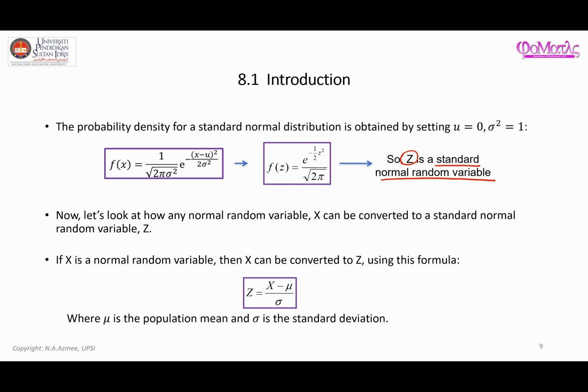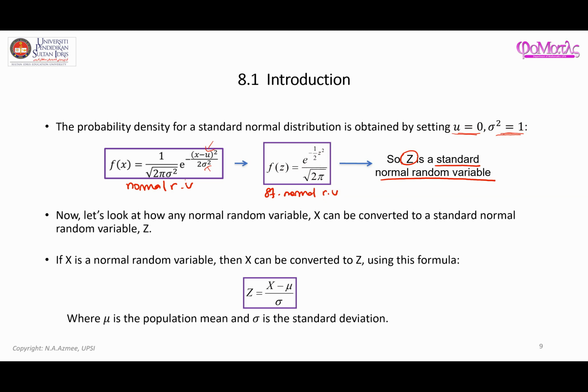So z here is a random variable that represents the standard normal situation. These are the equations related to a normal random variable and a standard normal random variable. So how do we get this? It is because we set the value of mu equal to 0 and the value of variance equal to 1. Therefore we get this probability density given here.